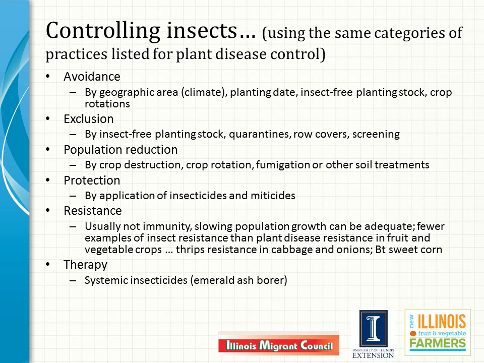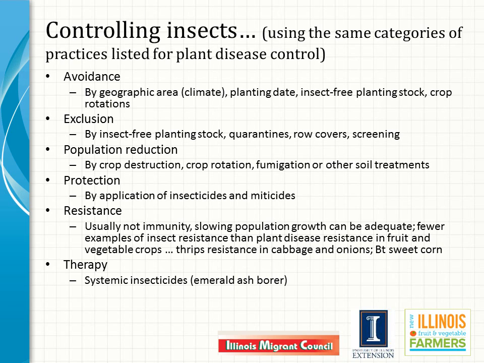Planting insect-free transplants is important, and using infested transplants occasionally does result in diamondback moth infestations in cabbage family crops in Illinois. Screening in greenhouses and row covers in fields can provide effective exclusion of many pests. Crop destruction after harvest prevents further survival and reproduction for host-specific insects such as squash bug and squash vine borer.